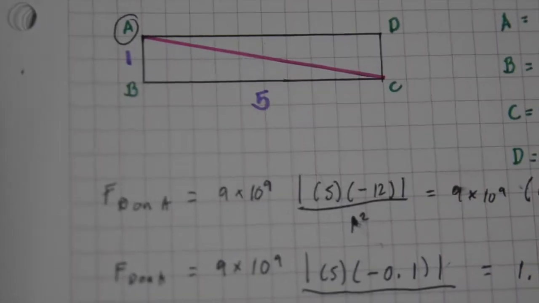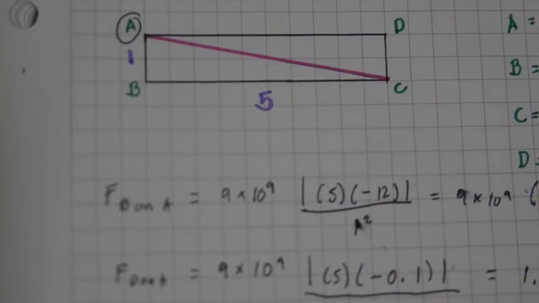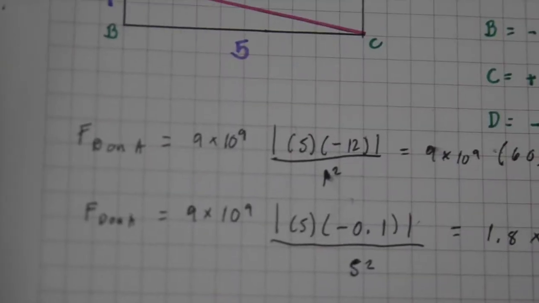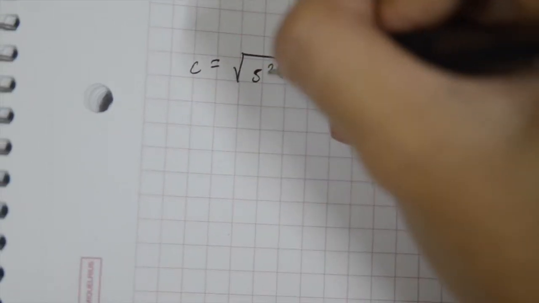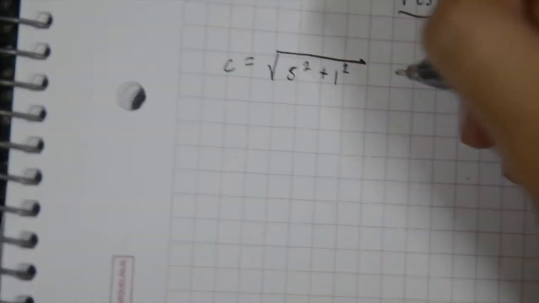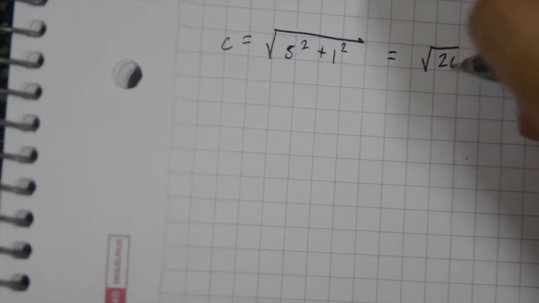Okay, so now we'll be solving for C. First we need to look for that diagonal line there. So let's use Pythagorean. C is equal to the square root of 5 squared plus 1 squared, which gives us square root of 26.